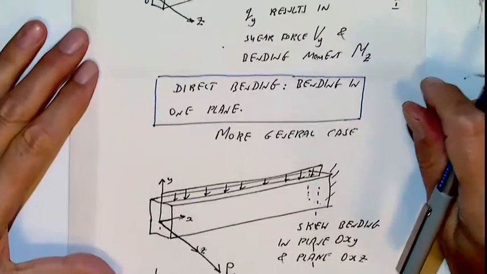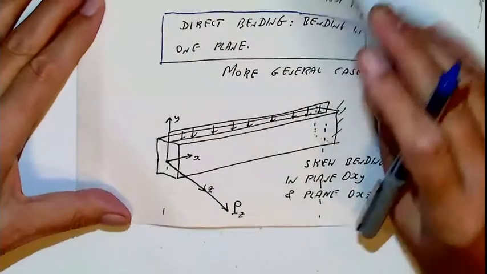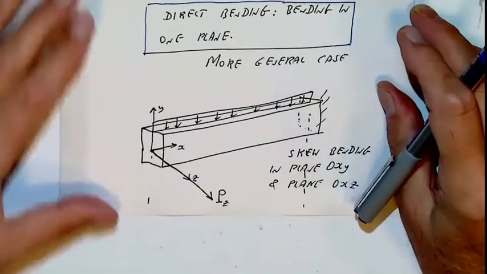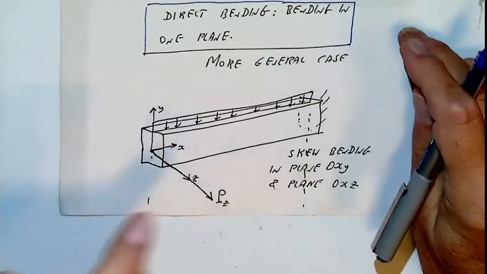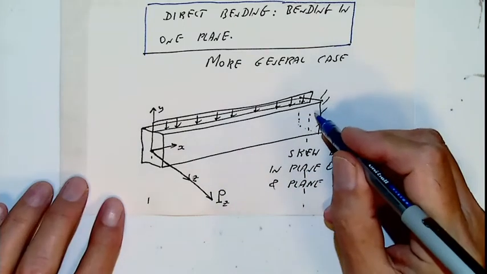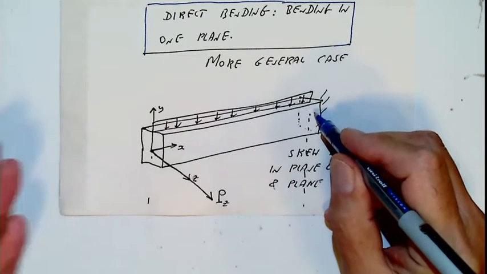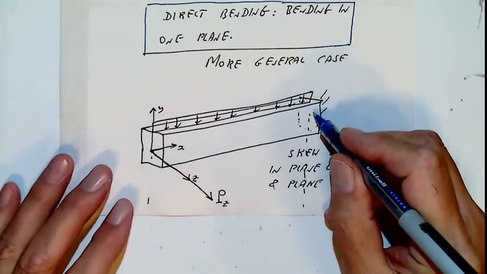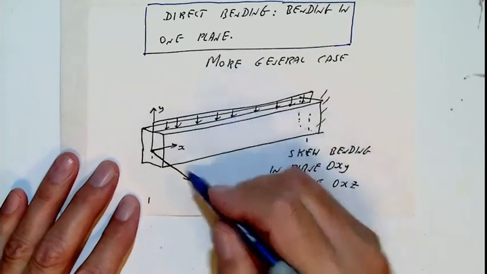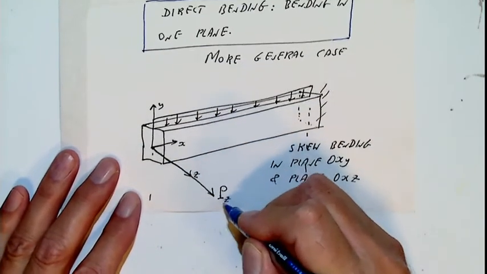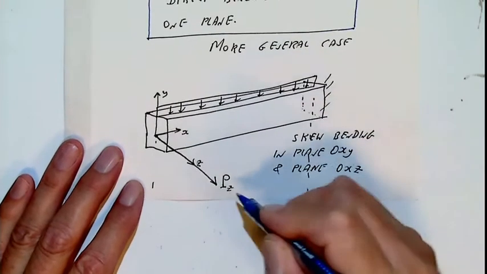Now, a more general case is like this. That is called skew bending. Look, there is this beam, an analogous beam of the same beam, and there is a force in y direction, but there is also a concentrated force, P sub z, in z direction.